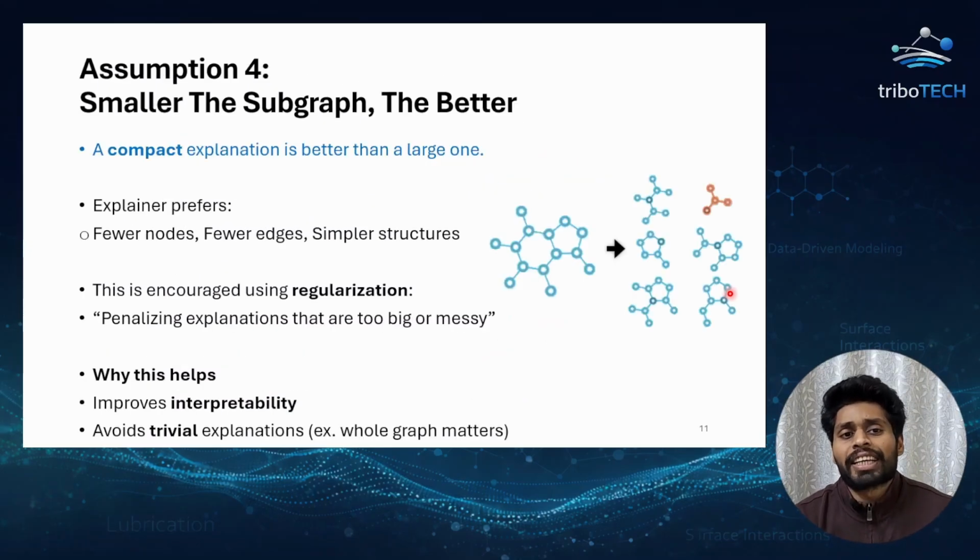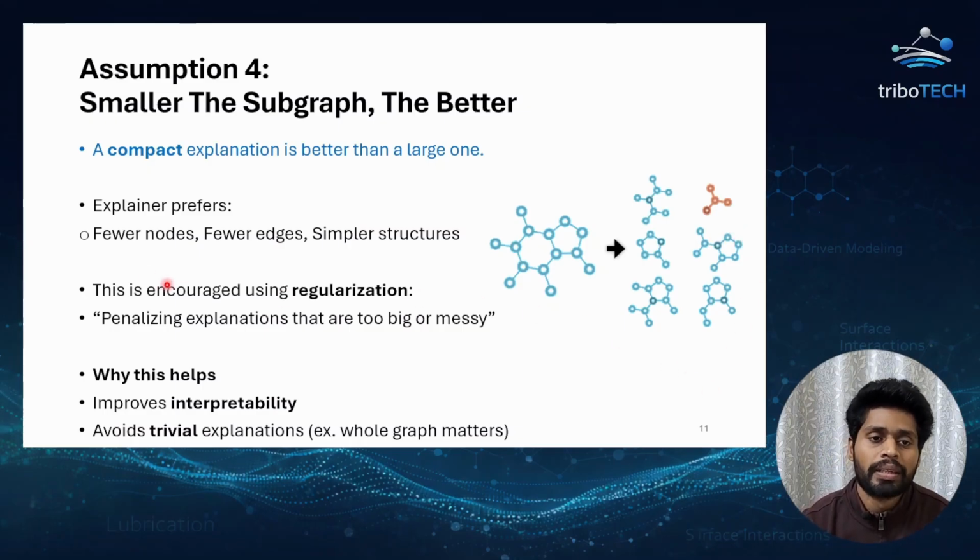Another assumption that an explainer can use is: the smaller the subgraph, the better. A compact explanation is preferred over a larger explanation. For example, if the graph looks like this and these are the possible subgraphs, then this particular explanation, which is smaller, is preferred compared to the larger ones.